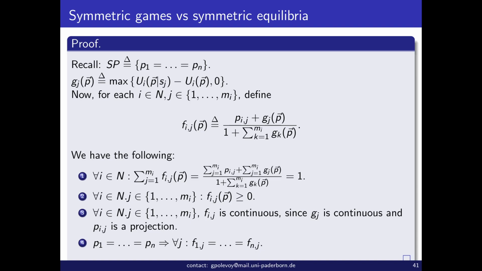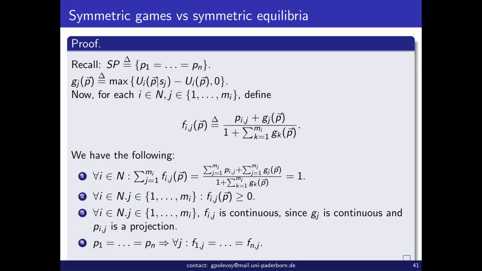So now for each player i and for each j, so for each pure strategy, we define F_ij of the strategy profile p, like we did before, only for G_j and not G_ij, because the change does not depend on the player.